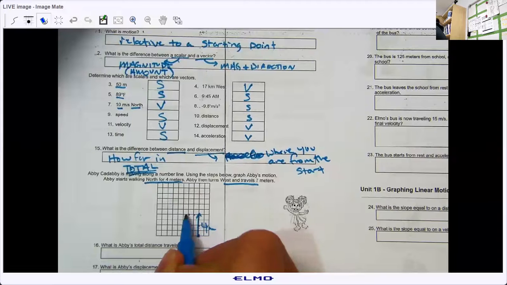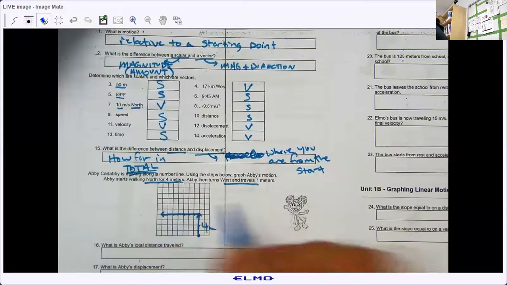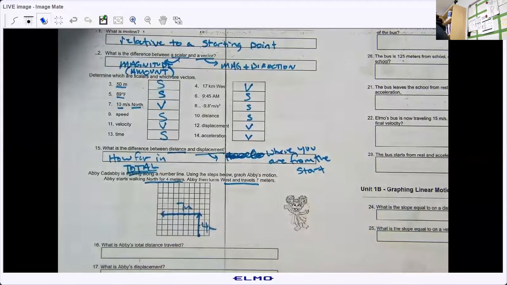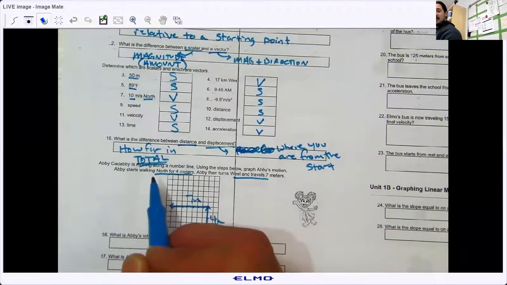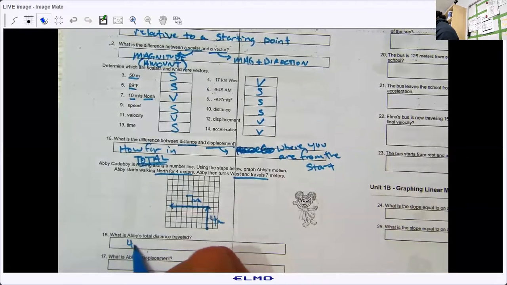So 1, 2, 3, 4, 5, 6, 7. If we wanted to know the distance traveled, that's just how far in total. So we simply add those together. So we're going to do 4 meters plus 7 meters, and that's going to give us a total of 11 meters. That's the distance traveled.